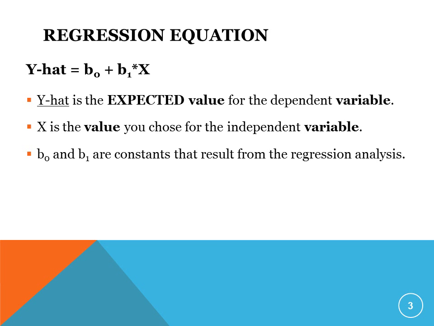Y hat is the expected value for the dependent variable. So our dependent variable is y, and y hat is the term we use for the expected value. B naught and B1 are constants that result from the regression analysis.